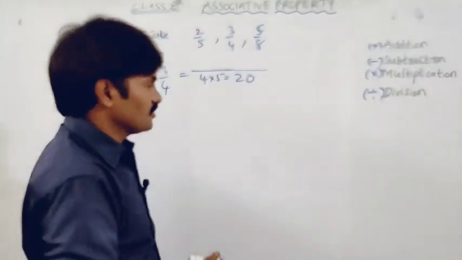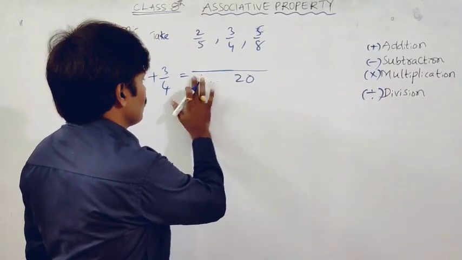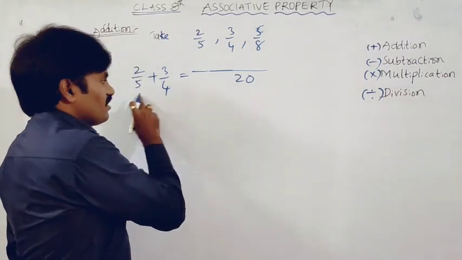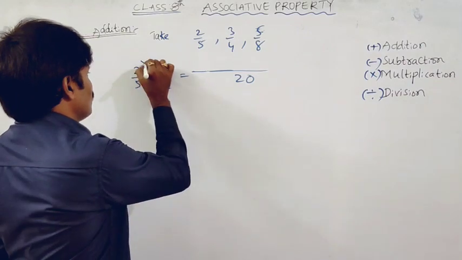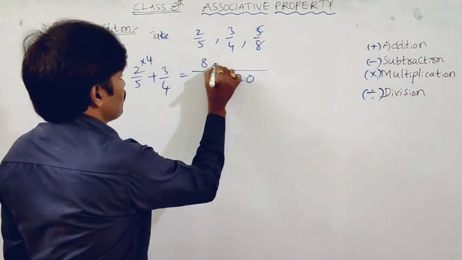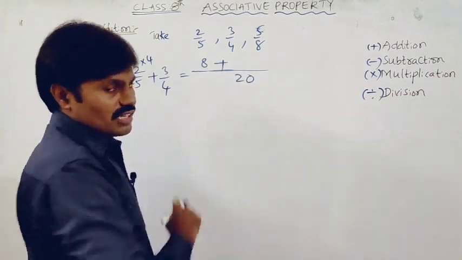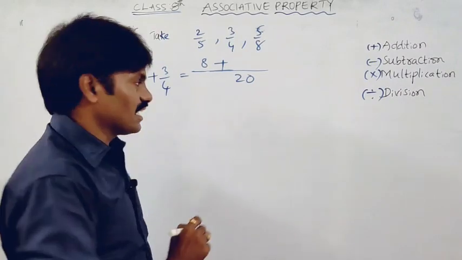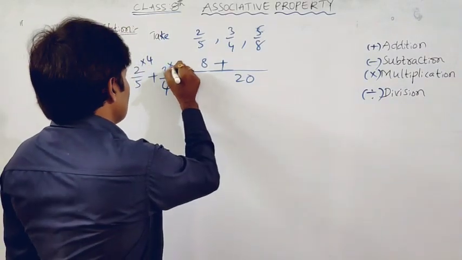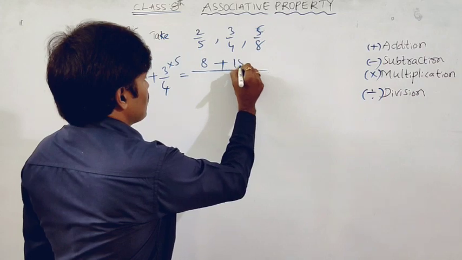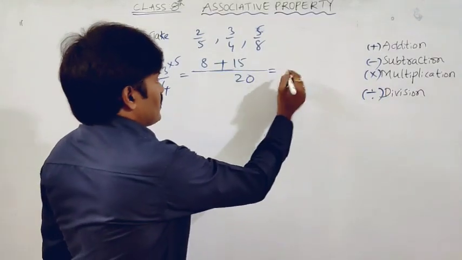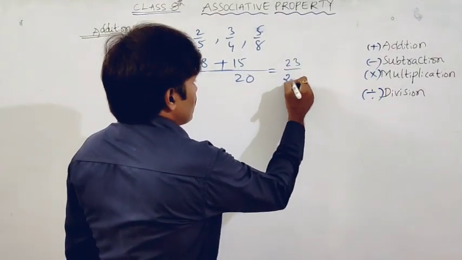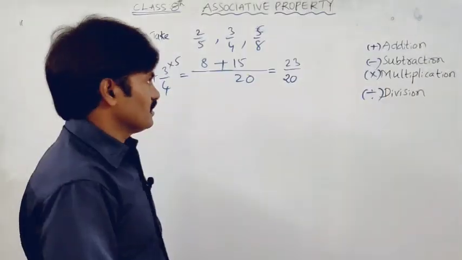Now 5 divides 20 four times, so 2 into 4 is 8, plus 4 divides 20 five times, so 3 into 5 is 15. The sum is 8 plus 15, which is 23/20.